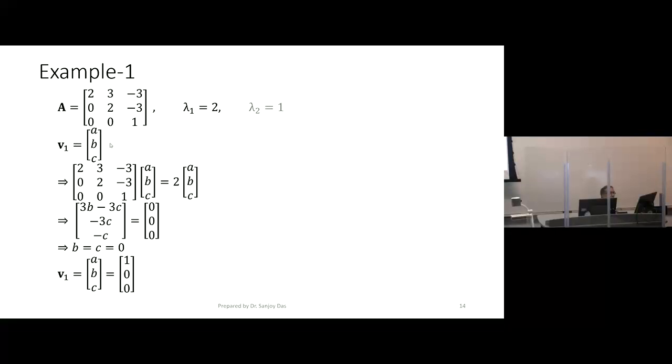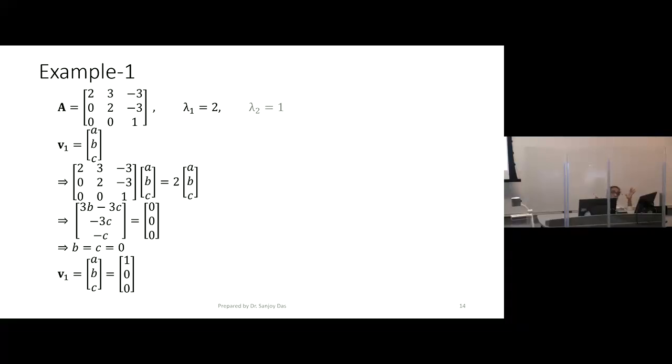So I plug in the values of A and V1 here. It must follow A times V equals lambda 1 times V, and solving I get this. Whence this is what I land up with: b equals c equals 0.